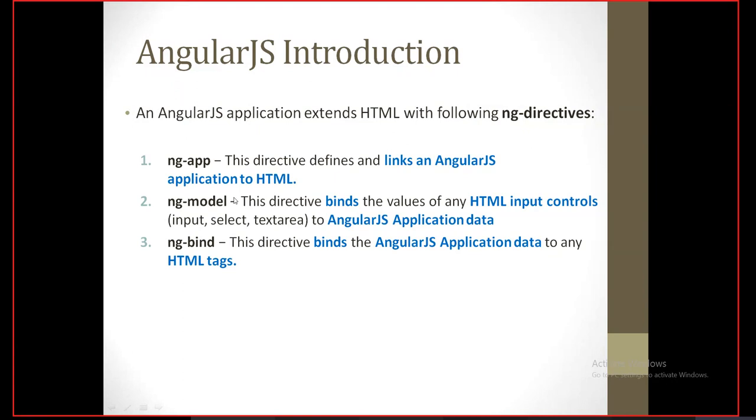The second is called ng-model. What it does is bind whatever controls you have taken in the form, the HTML input controls. Whatever data is currently lying in those controls, it will bind all those data values with the AngularJS application data. You can think that from the values lying in each of the input controls, we are creating application data.